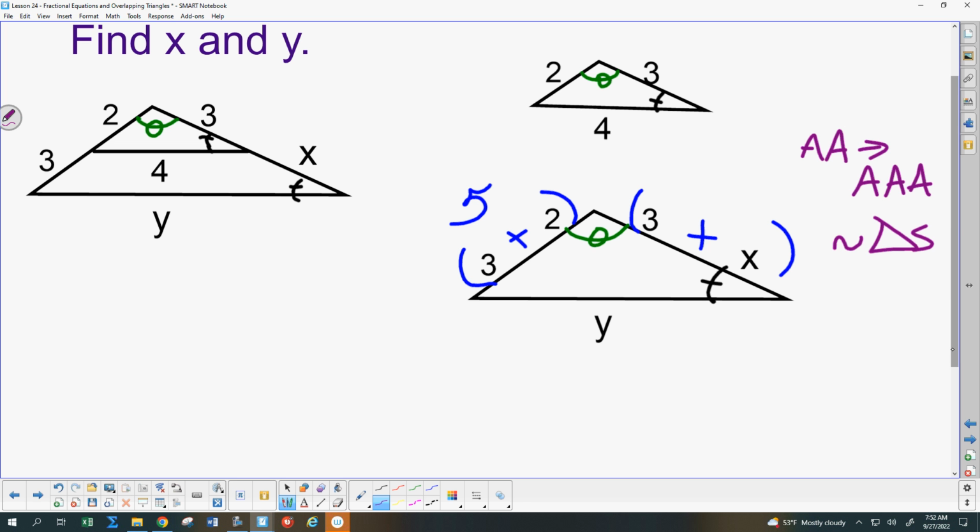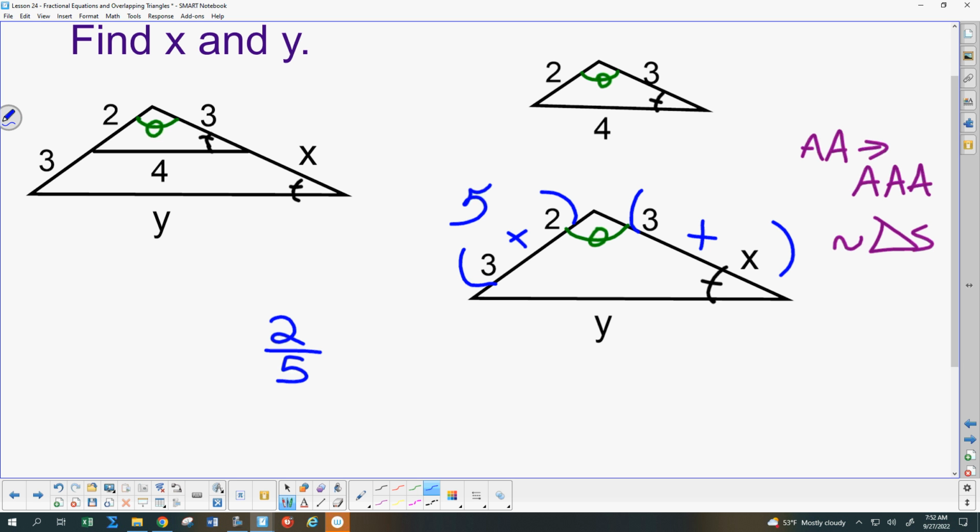So we do, remember, corresponding sides are across from the congruent angles. So I can go first across from the angle that they give me. I'll do the little one over the big one. 2 over 5 in the top triangle.